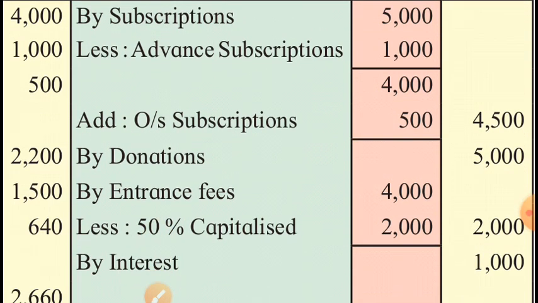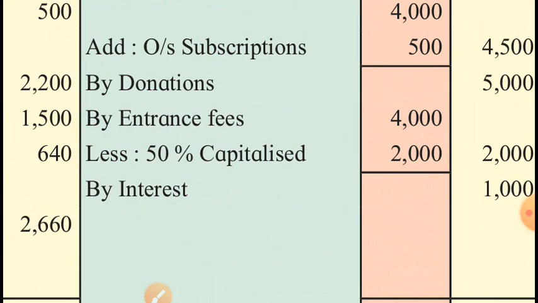Donations, revenue donations, these were. So income, entrance fees, 4,000 was the amount we received for entrance fees, and we are asked to capitalize 50% of it. That is why only 2,000 is being shown as income by way of entrance fees, and the remaining 2,000 has been converted into capital fund.